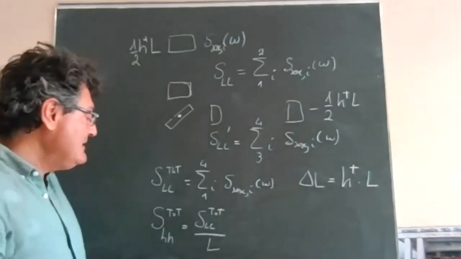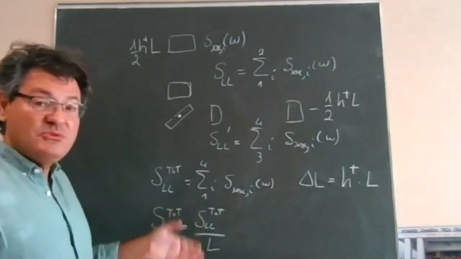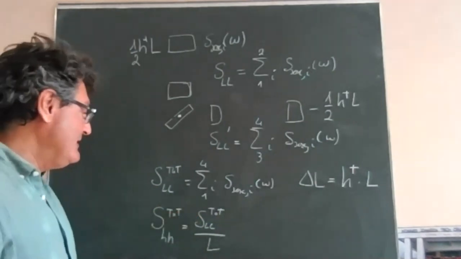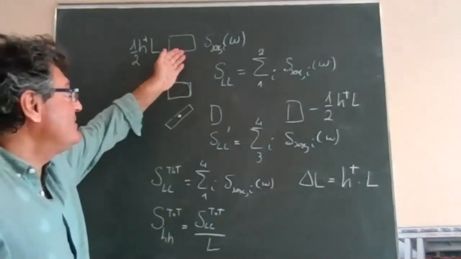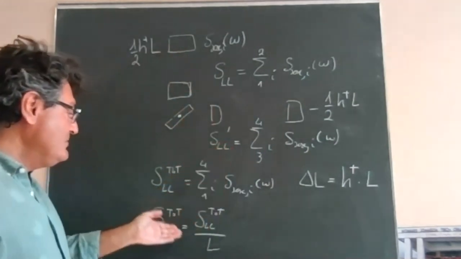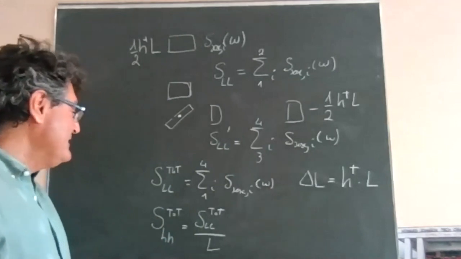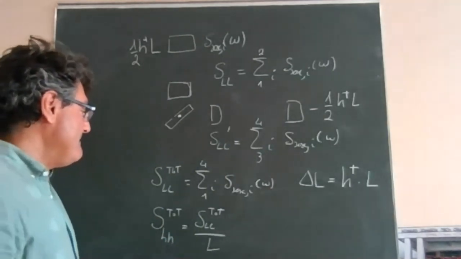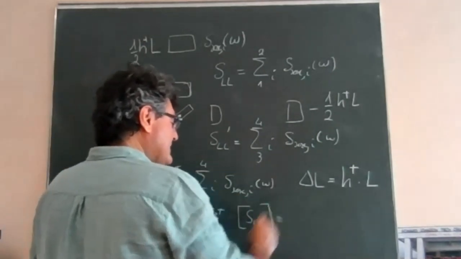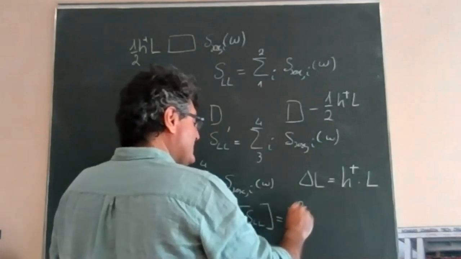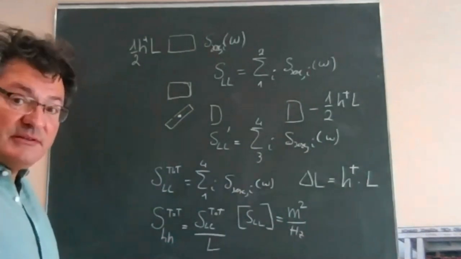So here at least we have a simple way to relate the displacement noise in each of the mirrors to the equivalent noise on h. The dimensional unit of S_LL is meter squared per hertz.